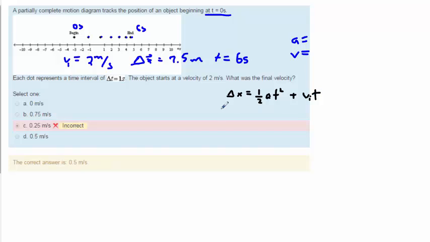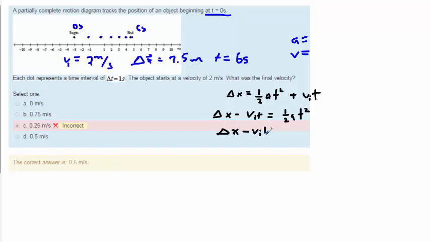What you would do is you'd subtract vi times t from both sides, and I'll go ahead and show that. And then you would divide by 1/2 t squared to get a by itself. So I'll go ahead and show that.